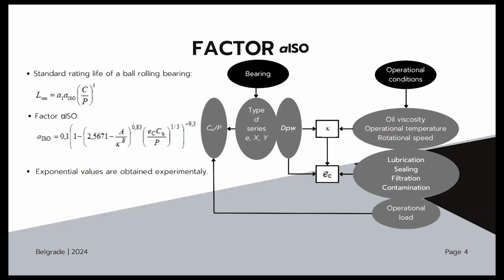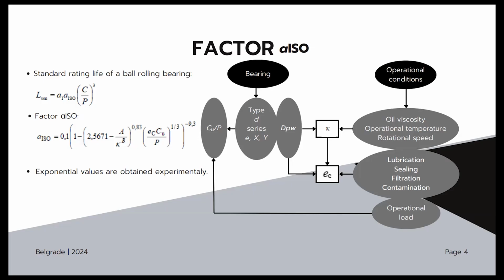And here in this equation, these parameters are related to viscosity, the relative viscosity ratio. That relative viscosity ratio is kappa, and it depends on the pitch diameter and oil viscosity, operation temperature, and rotational speed. That Cu is the fatigue load limit. P is operational load, and all these exponential values are obtained by experiment.